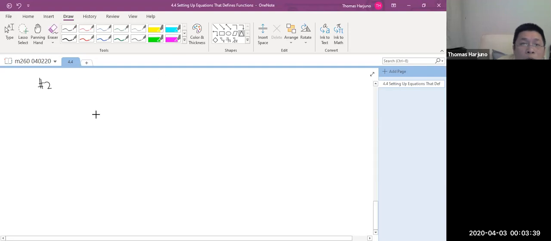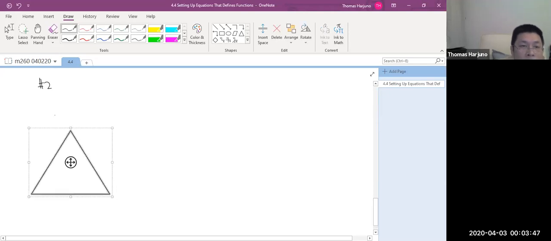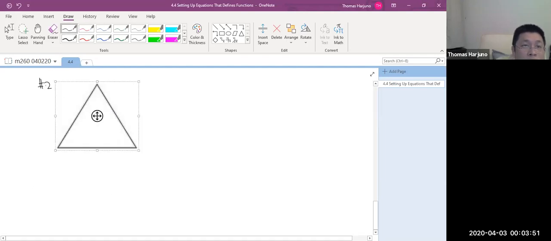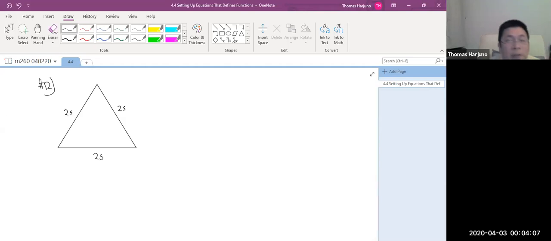So suppose I have an equilateral triangle, and the length of the sides are 2s, which means each side has the same length.